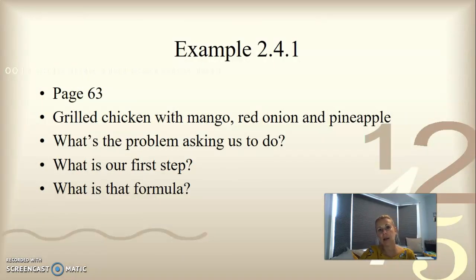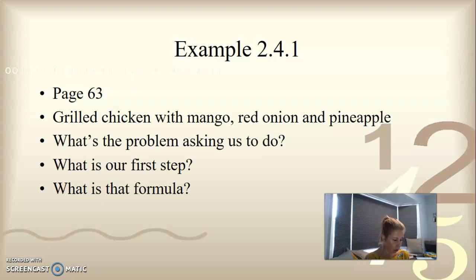So there's an example on page 63 for grilled chicken with mango, red onion, and pineapple. And if you take your book here that we all have and turn to page 63, you will see that we are asked to standardize the recipe below to yield 32 servings.